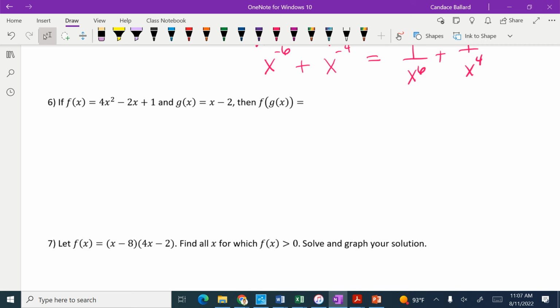Okay, this is function composition. We did it early on in the school year, okay? So we're going to try to kind of refresh our memories.